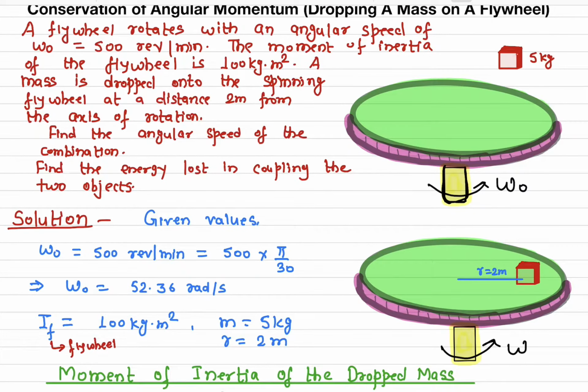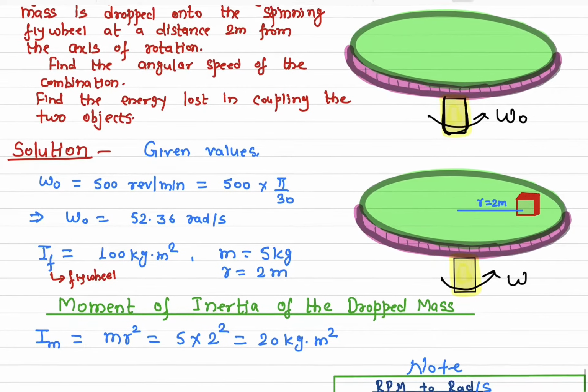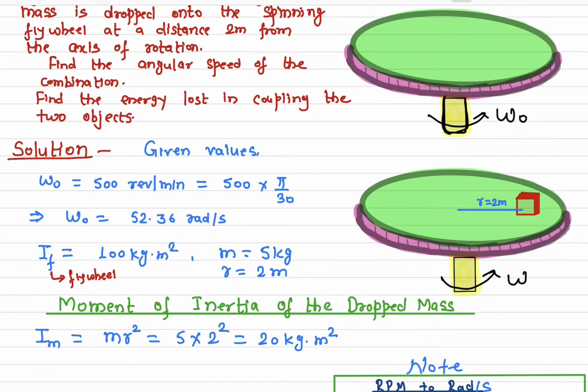I was about to say, before dropping, it was not spinning at all, so there was no axis of rotation. But now, once it is dropped, it starts spinning about the axis of rotation, so it has a moment of inertia. So what is the moment of inertia? The moment of inertia is given by m r square, the mass and r square.